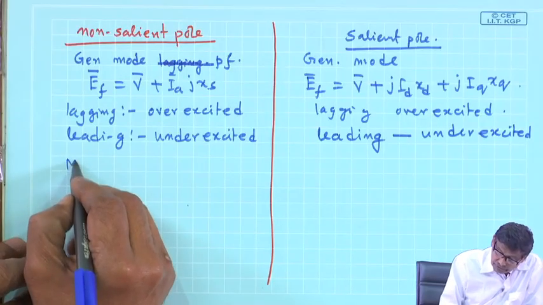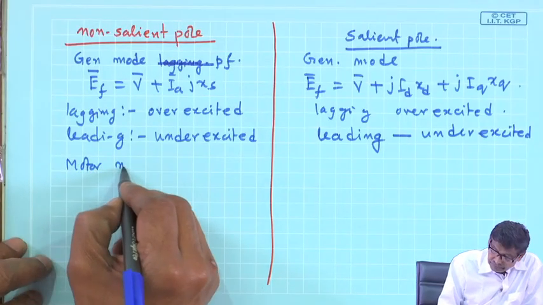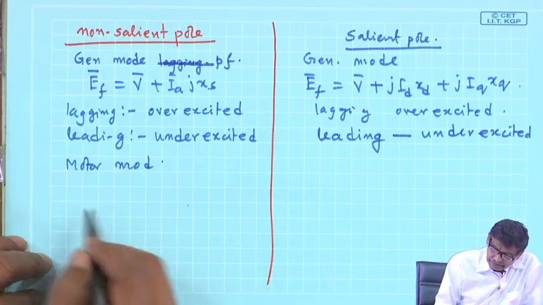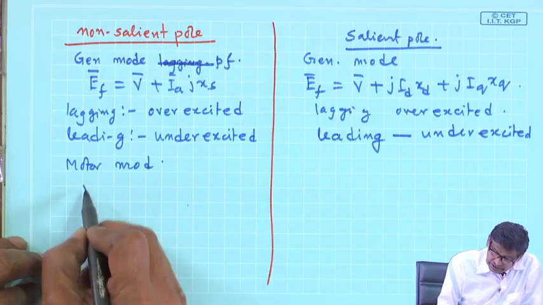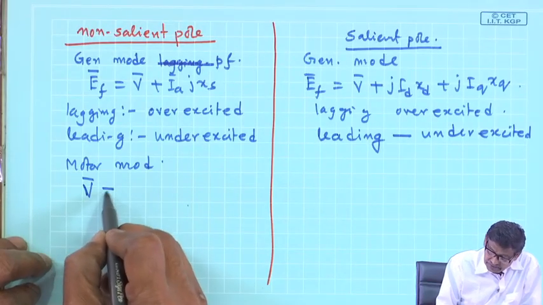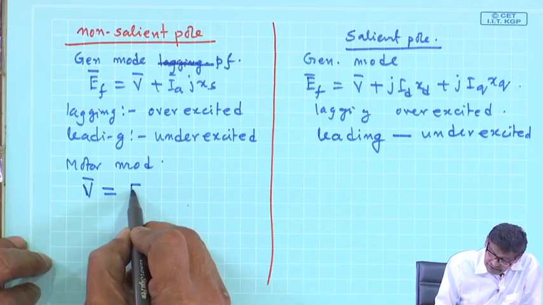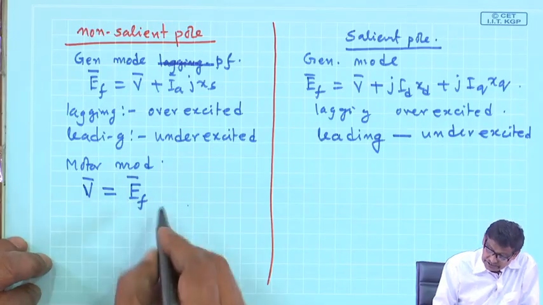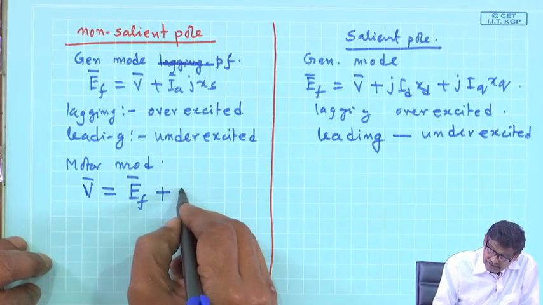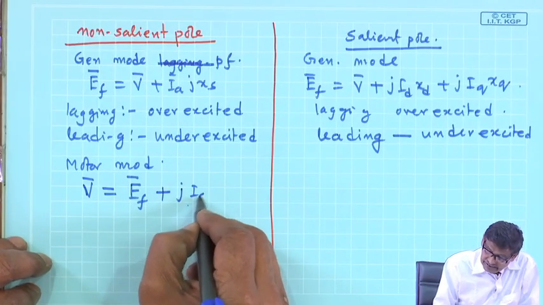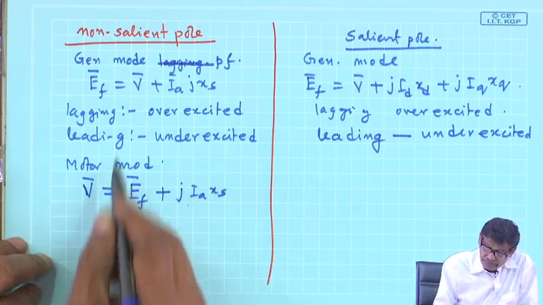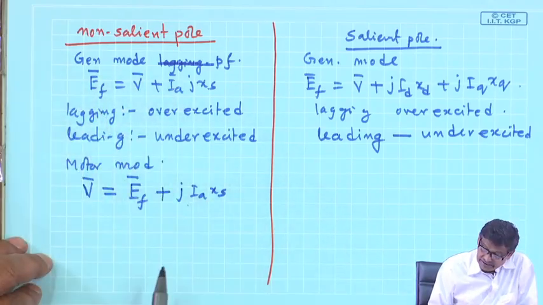In motor mode, it is better you write down the equation V equal to EF plus J IA XS, drawing the phasor diagram starting with EF. V and EF are interchanged.